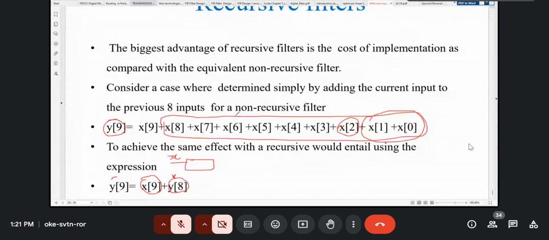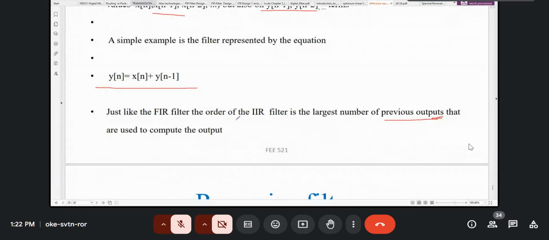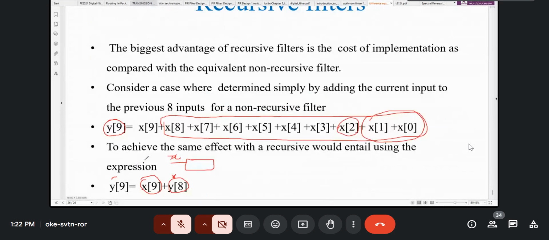What I've done here is give the advantage of a recursive filter with this example, where the output is determined by adding the previous 8 inputs. For an FIR filter, to get y[9], you need to add all the previous x samples from x[0].